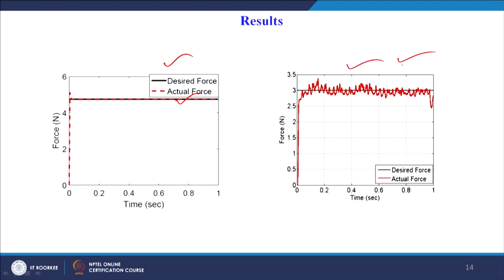Similarly, this is observed with the sensory force feedback trajectory, which has noise associated with it. Given the 3 Newton desired force, the actual trajectory settles at the desired setpoint of 3 Newton.